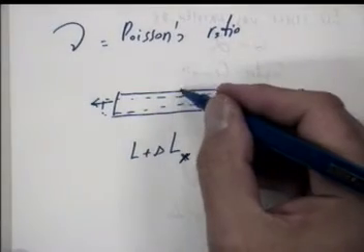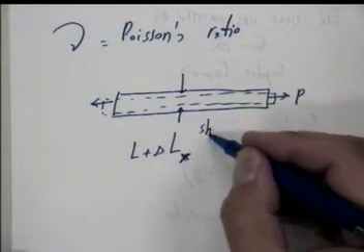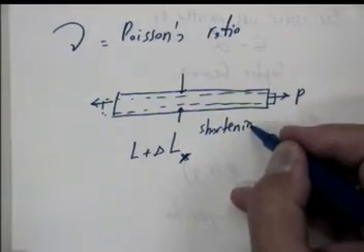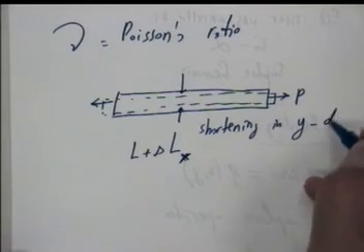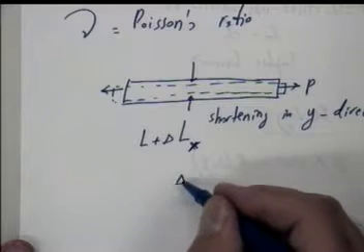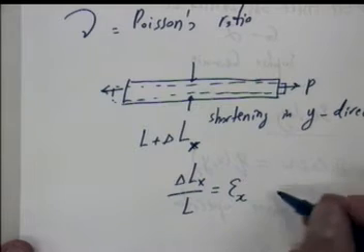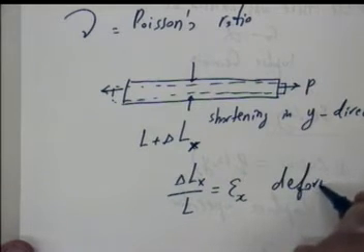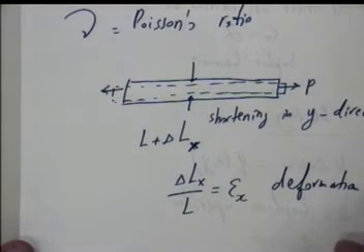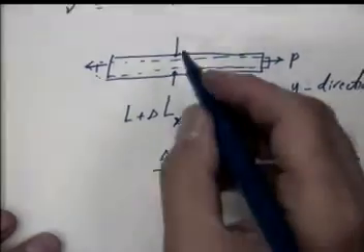So then there is a shortening in y direction. And so delta Lx divided by L is called epsilon x. That is deformation in x direction.